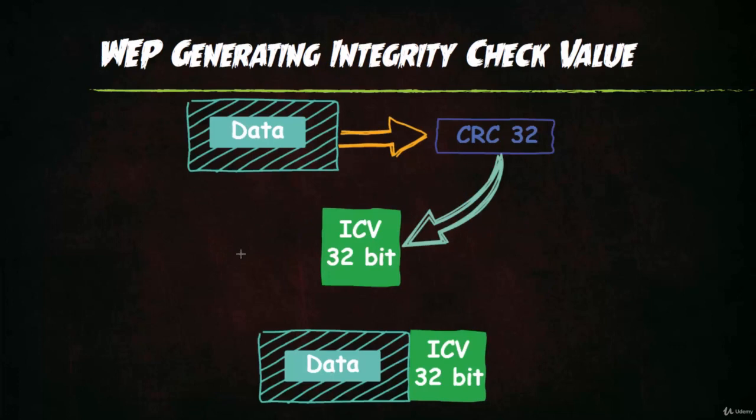The second part of the WEP algorithm is to check the integrity of the data, because data is passed in packets, and packets can be tampered with and packets can lose some bits.